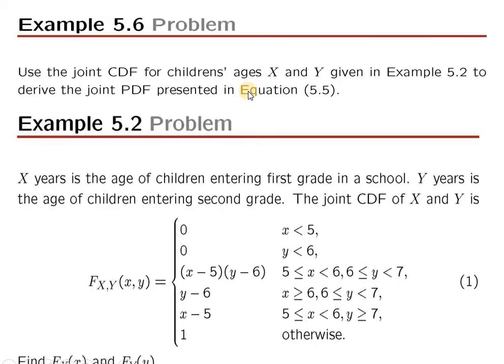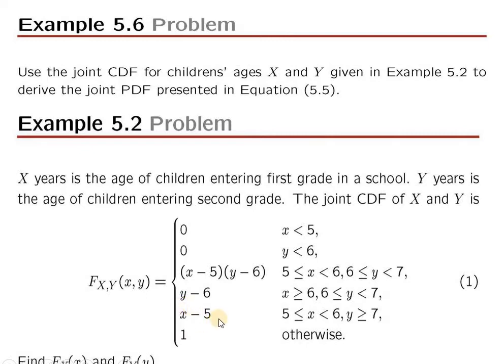Now if I move to the next one, look here, there are 6 regions where this CDF is defined. For the first region, x is already 0 and y is already 0. This is the one region where we have variation in terms of x and y, that is (x minus 5) times (y minus 6). But in the fourth region we have only y terms.